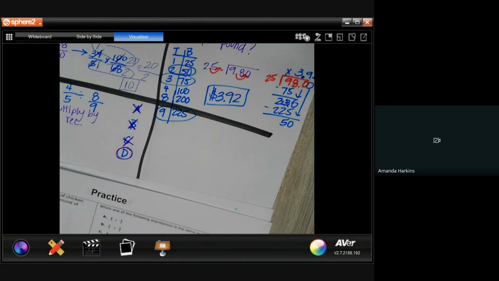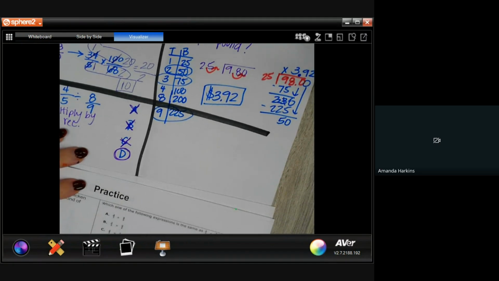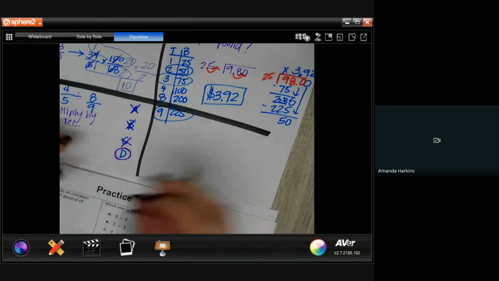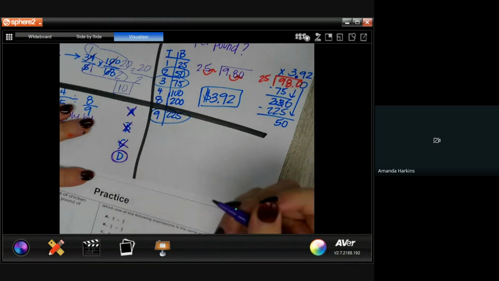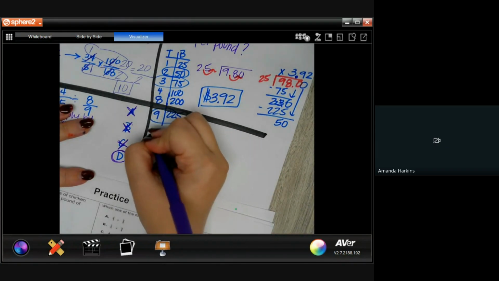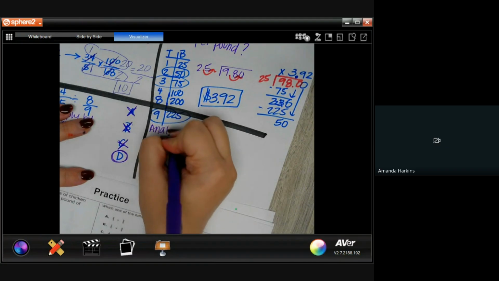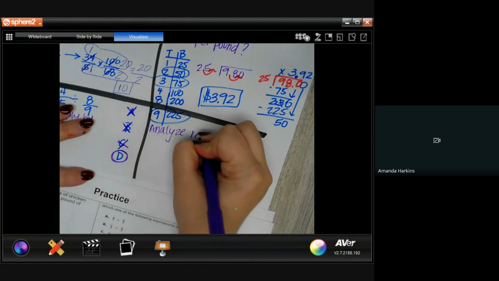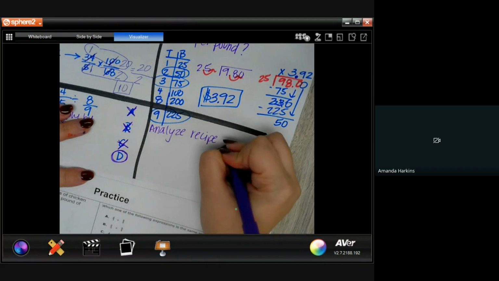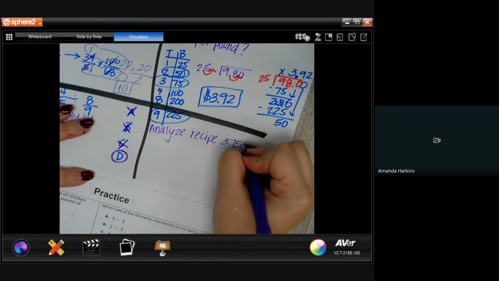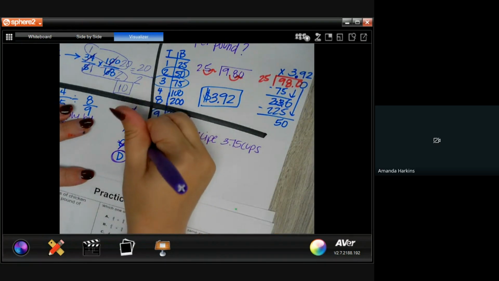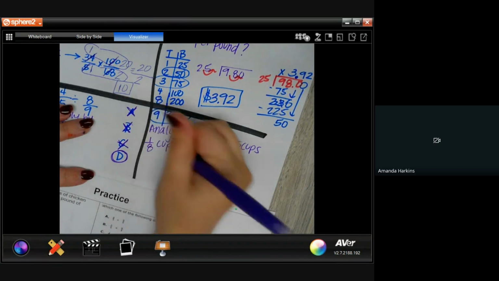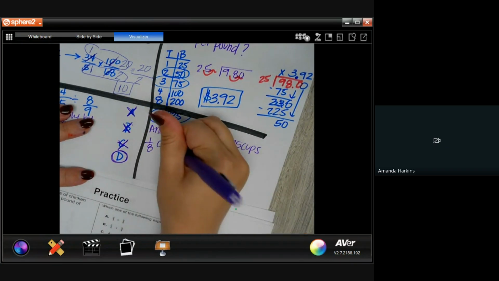Okay, my next problem says a soup recipe calls for 3.75 cups of mushrooms. So let's see. We have our analyze. So my recipe calls for 3.75 cups of mushrooms. A chef has a 1/8 cup to scoop.